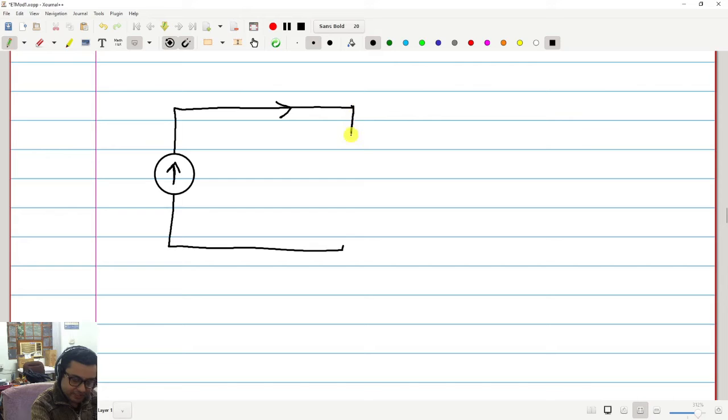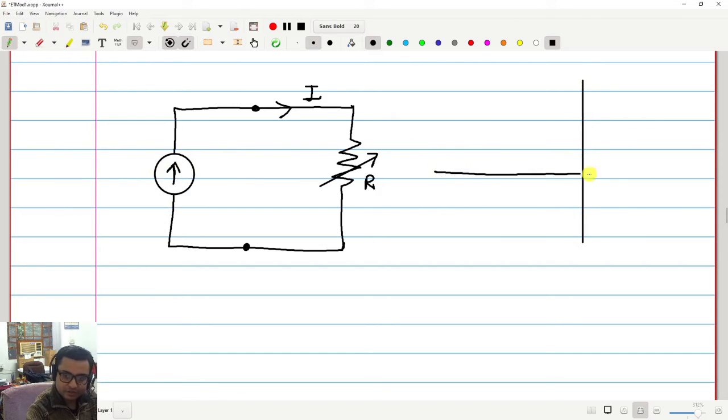What may happen is this. Suppose I connect a resistance and I change this resistance, and then I measure this current, as well as the voltage across a practical current source, and then I plot a graph.